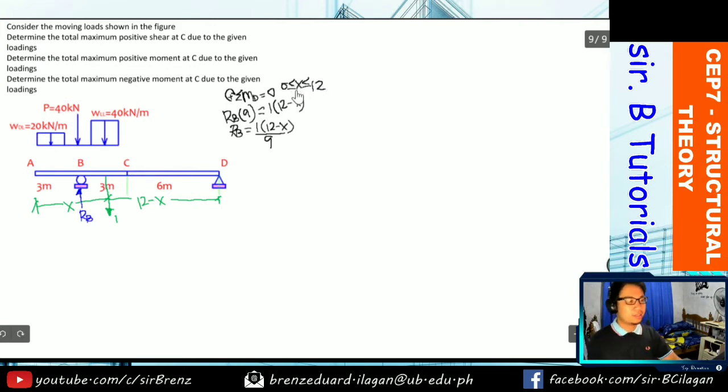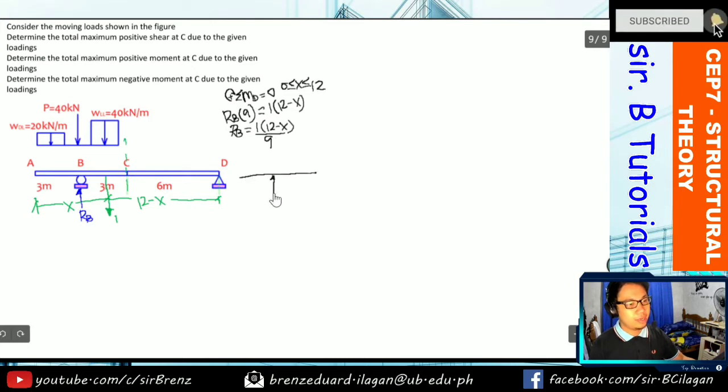Okay, next. Ang sunod natin gagawin dito is magsesection tayo dito. Puputulin natin siya sa part na to. So once na-cut natin yan, ano makikita natin if you're going to consider the left side of the beam? So stick figure ko na lang. So again, you have here your RB.